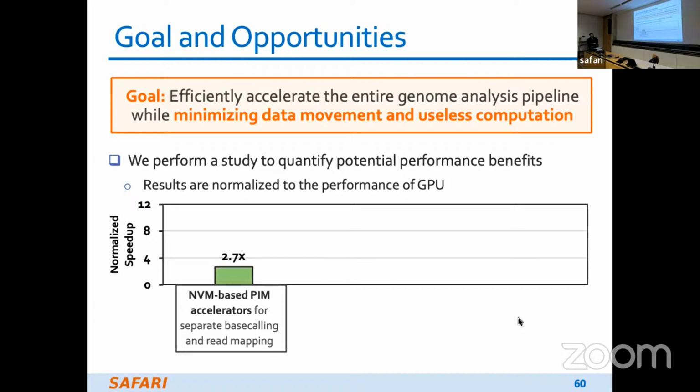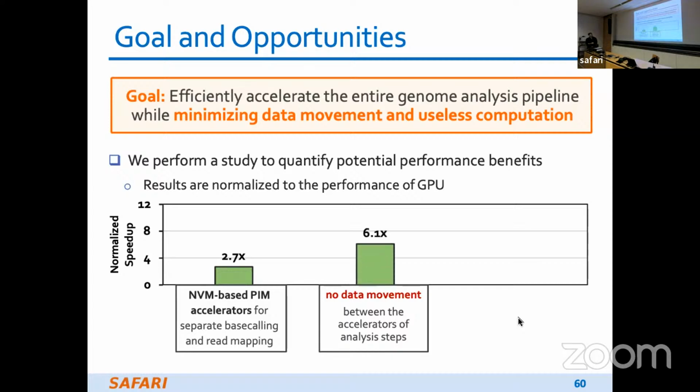And then we try to figure out what sort of speedup we can get compared to the analysis where you're not using these PIM accelerators. Then we go one more step beyond, and we assume that there is no data movement between the accelerators. This is, let's say, an optimistic assumption, right? It's not necessarily true that you're not going to have data movement, but this is the assumption that we're making.